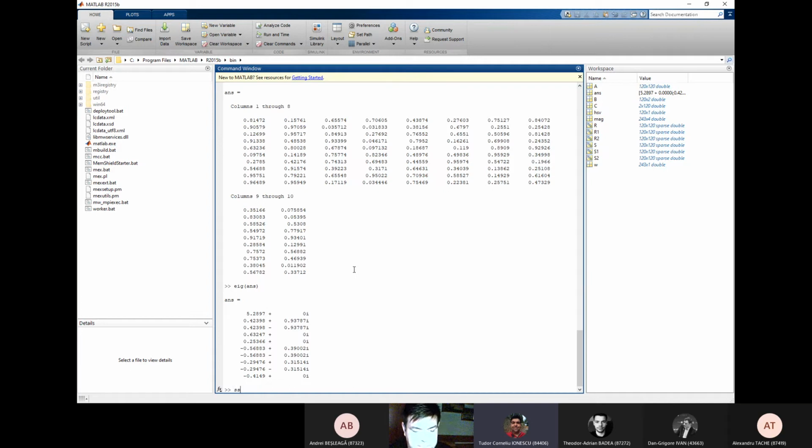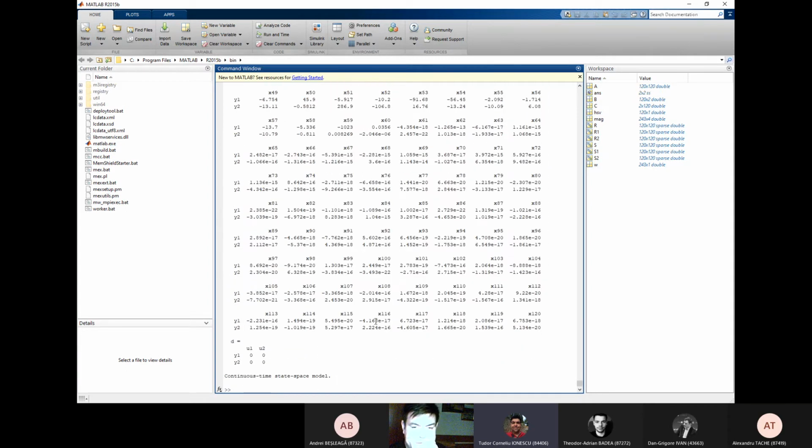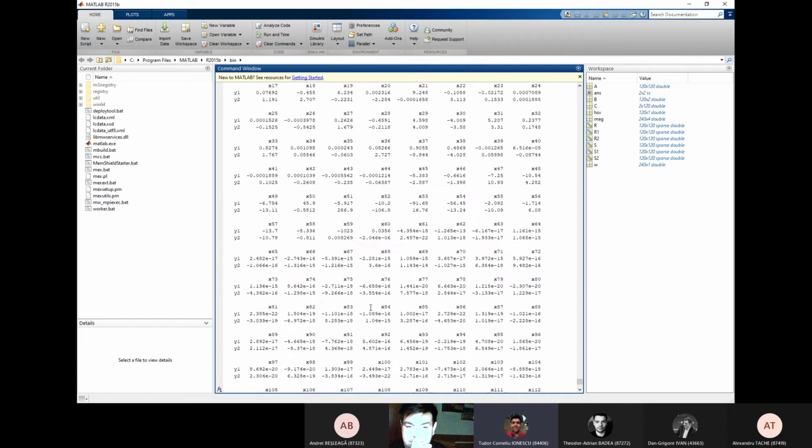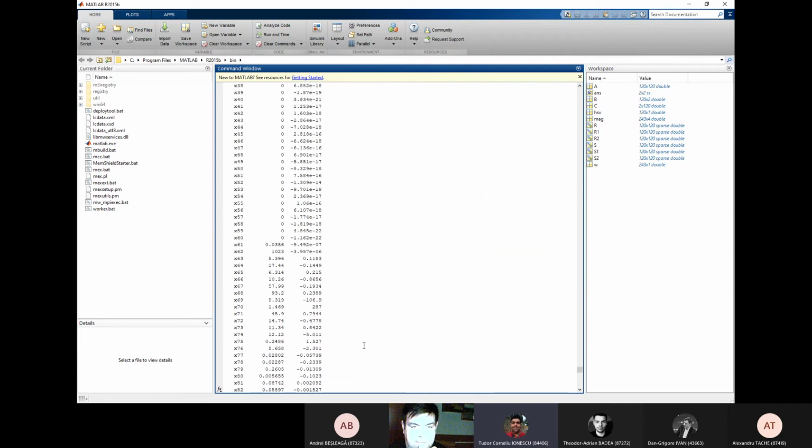What you can do is compute a state space system for A, B, C, and zeros of 2 by 2. I think it's got 2 inputs and 2 outputs. So this is the dynamical system, which I have forgotten to give a name to.